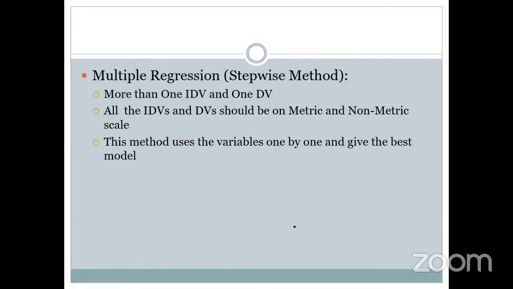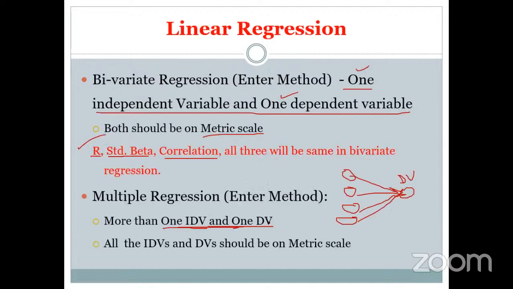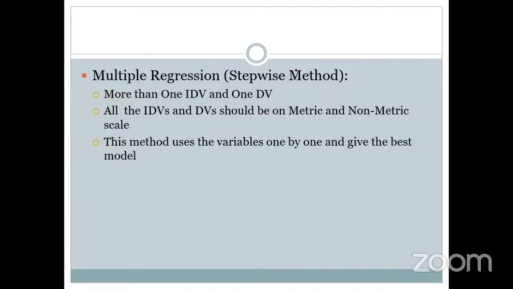The third type of regression analysis that comes is multiple regression with the stepwise method. Earlier we were discussing the enter method. The stepwise method is a very good method which removes multicollinearity automatically.